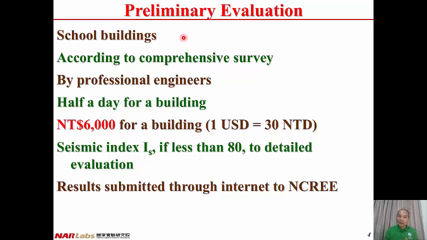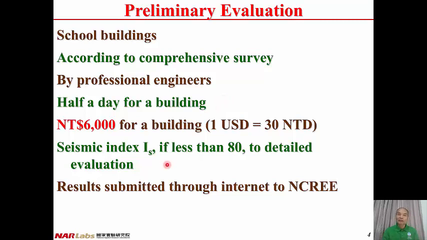For school buildings, preliminary evaluation is conducted by professional engineers according to the result of the comprehensive survey. That means only buildings constructed before 1999 would be moved to this stage, preliminary evaluation. And it takes half a day for a building, and it costs $6,000 for a building.